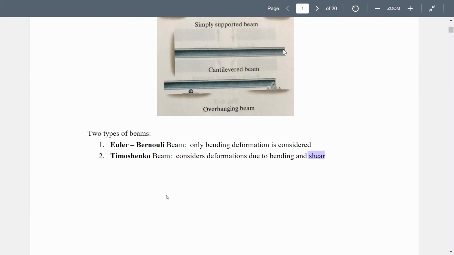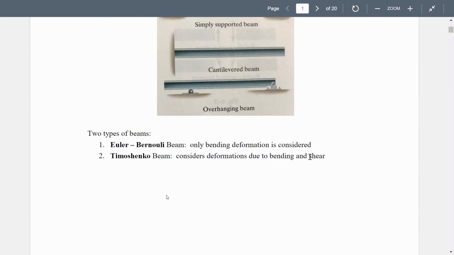If the cross-section is rectangular and the beam is 10 times its height, the effect of shear is just 3% of the effect of bending.